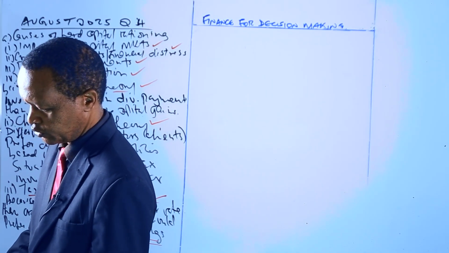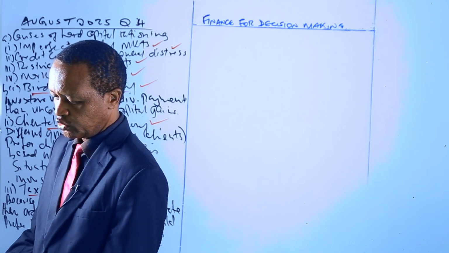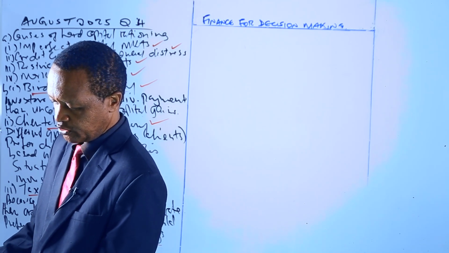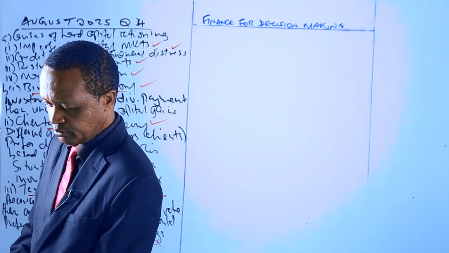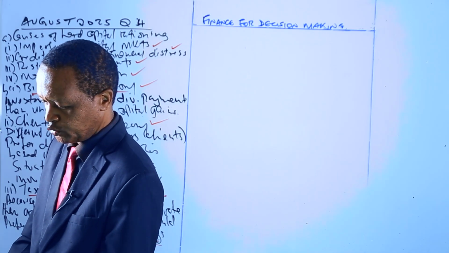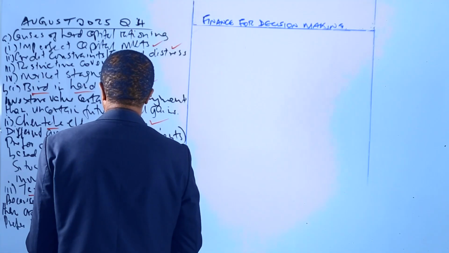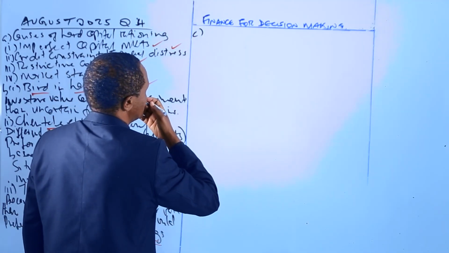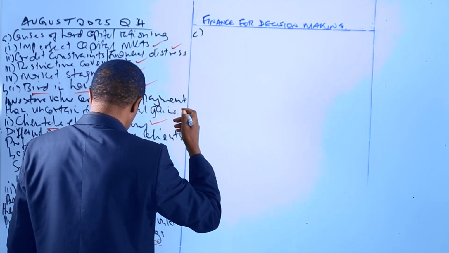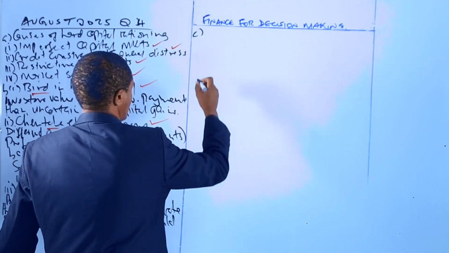That is the question. So we are first of all to compute the contribution margin per unit. This is part C, Roman 1.